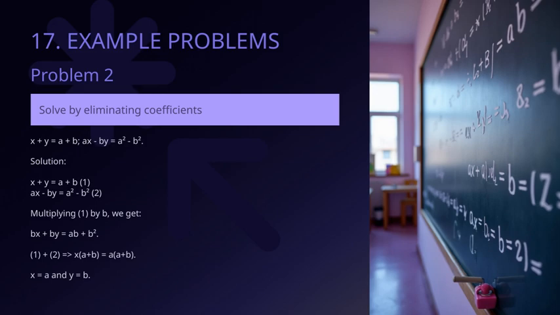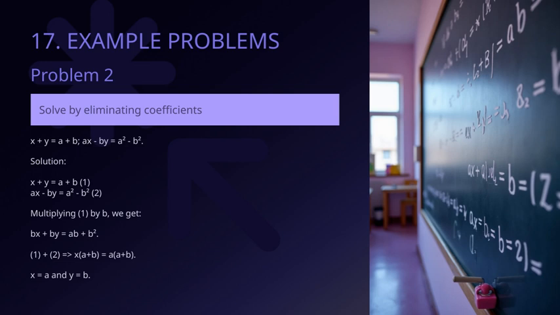By doing so, we can find the values of x and y more easily. This approach, using multiplication to align coefficients, is a fundamental technique in solving systems of equations efficiently. It's important because it illustrates how algebraic manipulation can simplify complex systems into manageable steps, ultimately leading us to the solution.